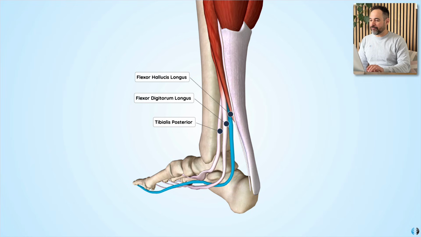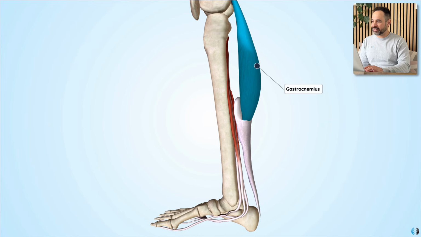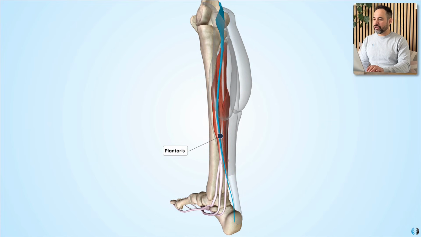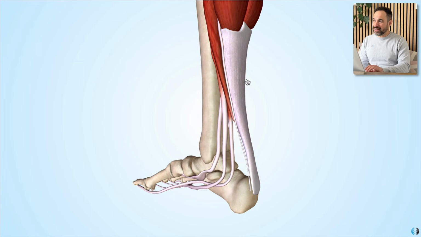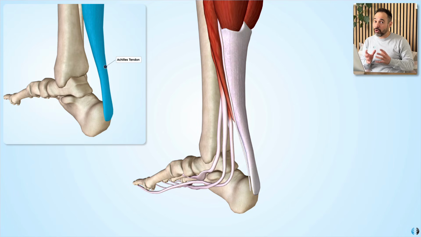But otherwise, if we look at the triceps surae group, where we have gastrocnemius, soleus, and underneath it plantaris, we can see that all of these particular muscles insert into the Achilles tendon, one of the most important structures in the whole leg, because without the Achilles tendon, we wouldn't be able to create the movements of plantar flexion because of the gastrocnemius, soleus, and plantaris focus on that tendon, because those muscles insert into there.